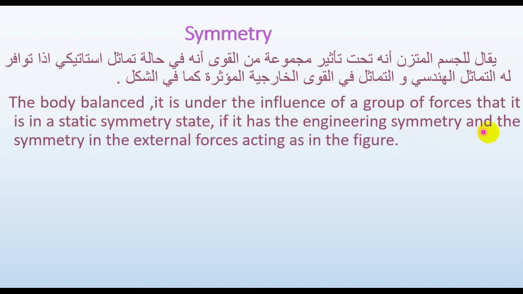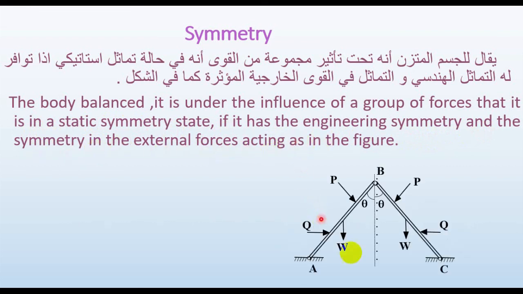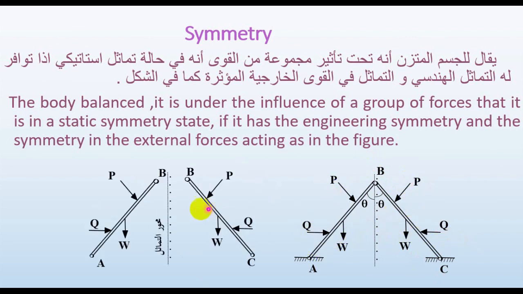If it has geometric symmetry and symmetry in the external forces acting, as in the figure, then everything in this direction is exactly similar to that direction, like when we look in the mirror. Good, just that symmetry for both sides. This like this, this like this, this like this. So here we will study just only one part, and we don't go for the other part. And this one we call the symmetrical axis.